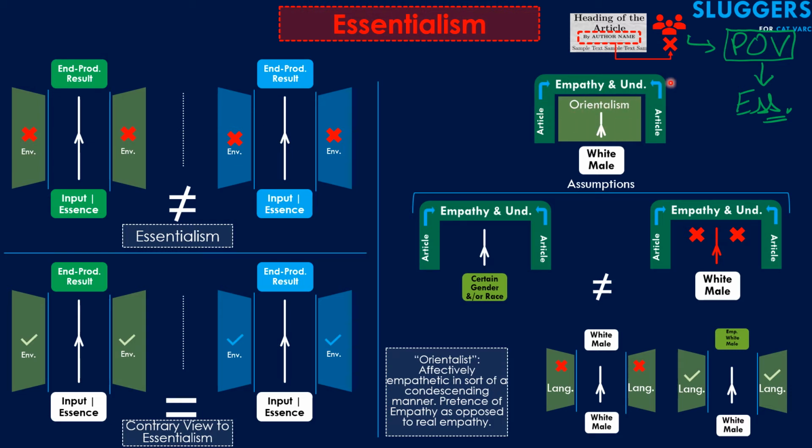The empathy and understanding is genuine. You are wrong, and you are being essentialist when you say that it is ingenuine. That's what the author is saying here: the empathy that I've demonstrated is genuine, and it is wrong to say that it is a case of Orientalism. Okay, so I hope you guys were able to understand how this idea has been applied here.